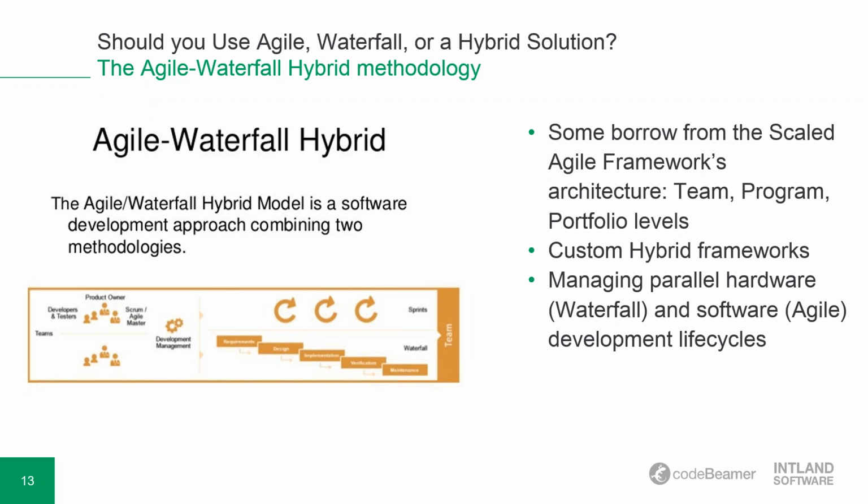Instead, they came up with ways to combine the benefits of both worlds. This has resulted in the creation of a custom hybrid methodology. It is important to note that hybrid is not a process framework set in stone. There are a million variations of it in use.